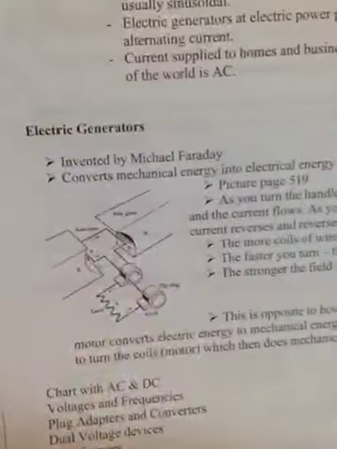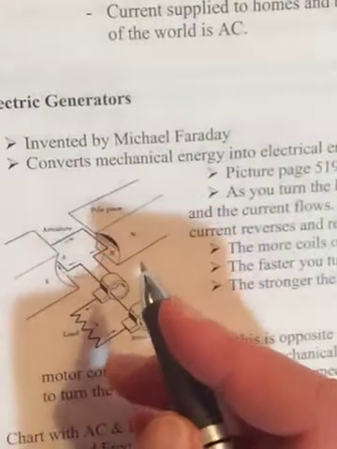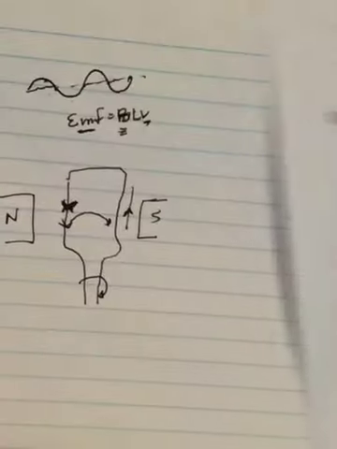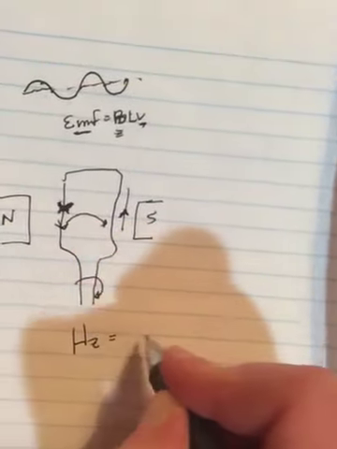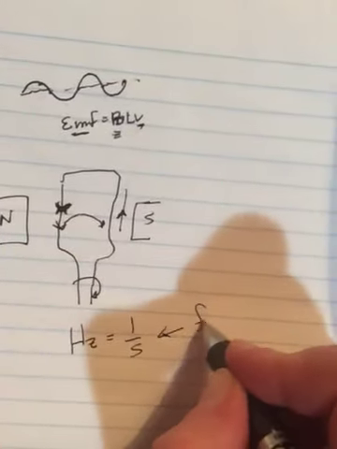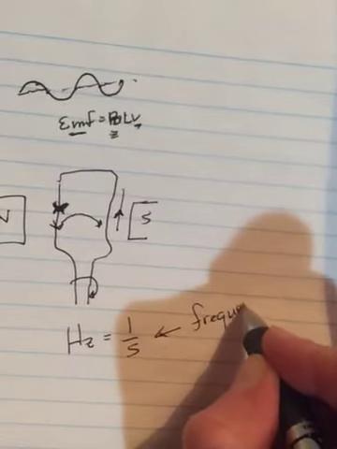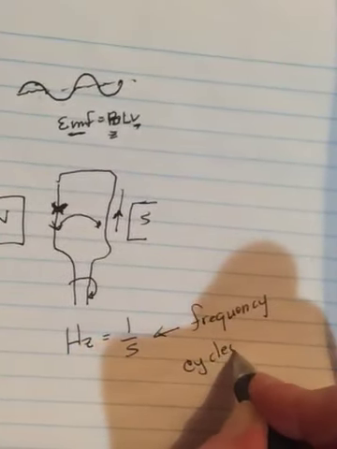Now the frequencies, because this is alternating current, remember? So the frequencies, remember frequency is a measure of hertz, and hertz is really just a 1/second. And frequency is what frequency is measured in. And frequency is how many times something happens in a second. Cycles per second.